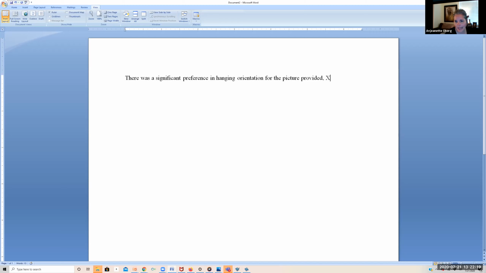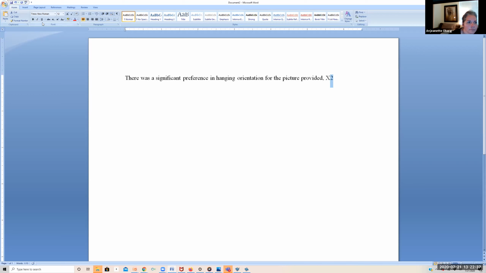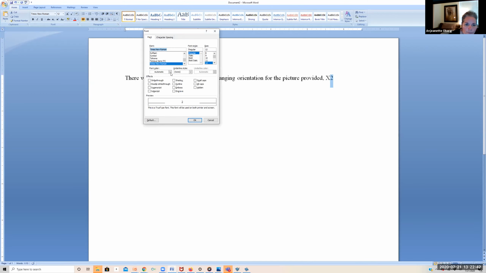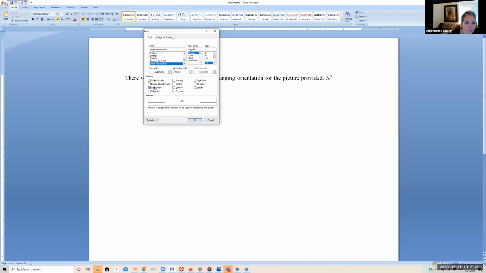And I'm just going to use X for now, but let me see if I can insert my chi-square. It's not that fancy, but it's there. It depends on your font. And this is going to be a superscript. Okay, so chi-square, and now I want to take that superscript off.